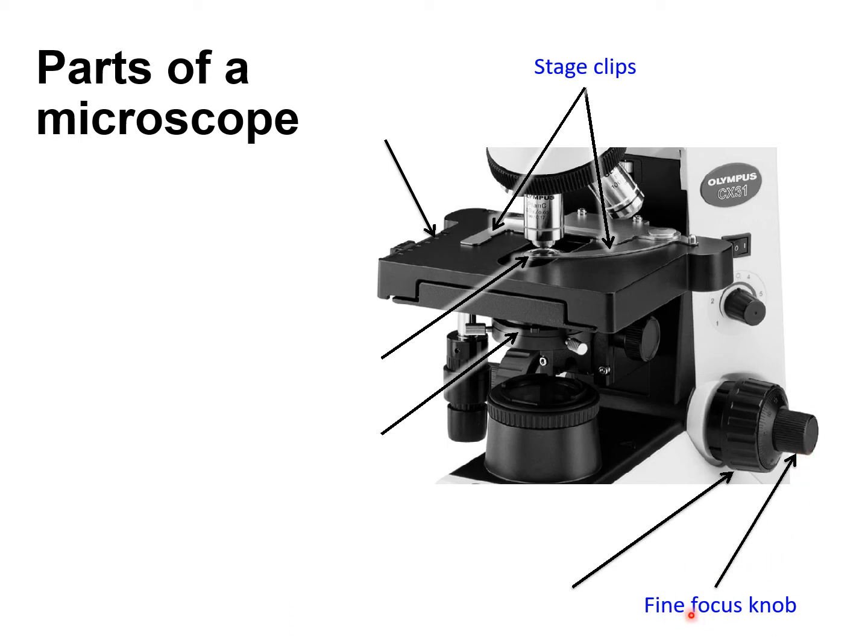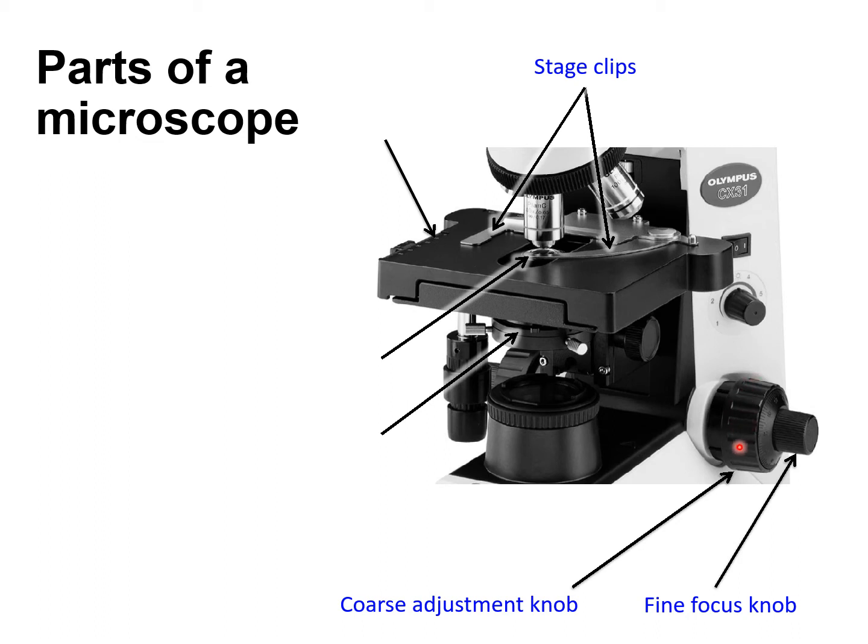So I can use it with my scanning, with my low power, high power, and oil immersion lenses, okay? This one right here is the coarse adjustment knob, and this is the one that you usually use so that you are able to see your specimen and view your specimen. So that's the first knob that we usually use.